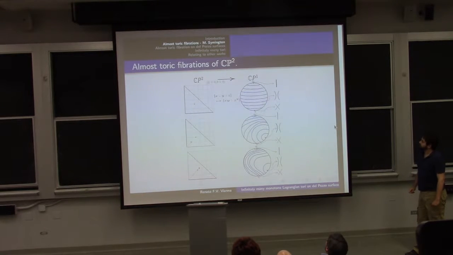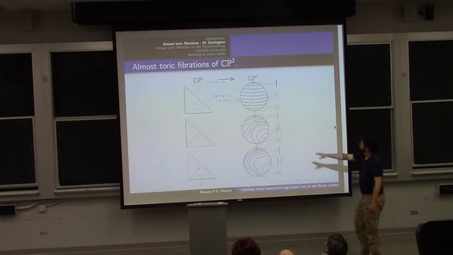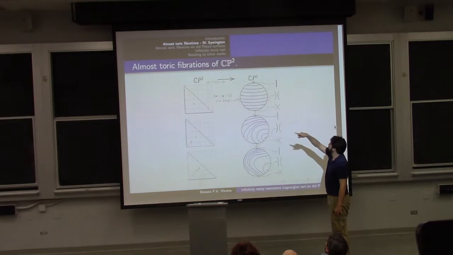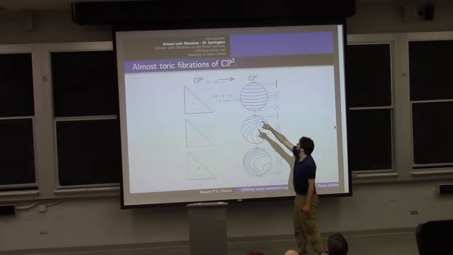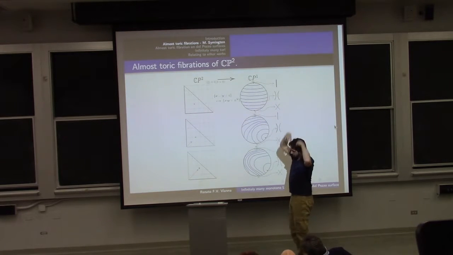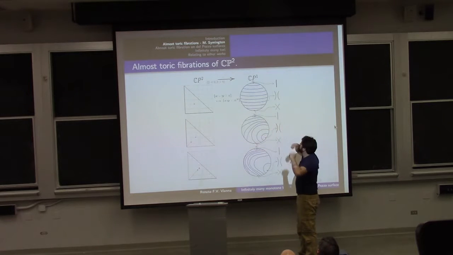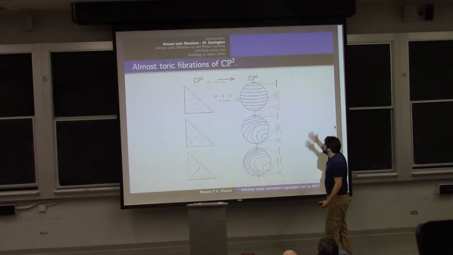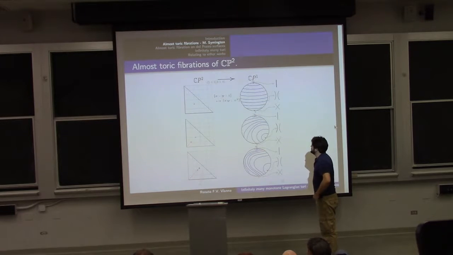The point is, now if we take a different foliation of the base of this auxiliary fibration, and we lift by the corresponding foliation on CP2 of these Lagrangian tori, we are going to get distinct almost toric fibrations.